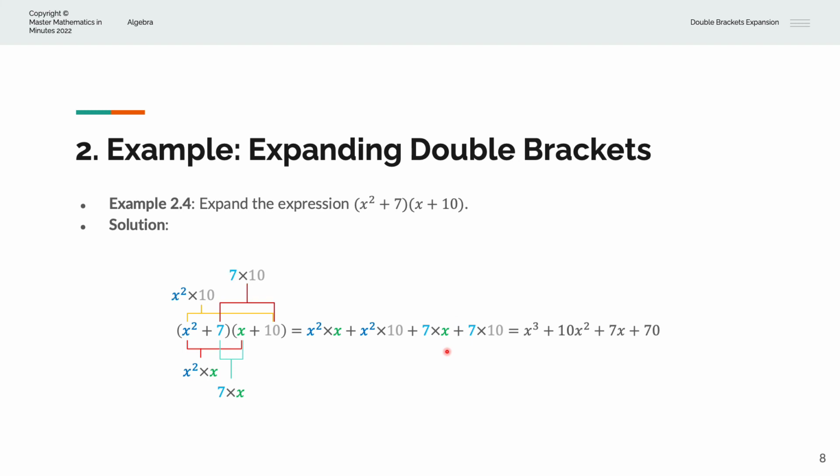And the fourth step is to multiply 7 by 10, and that gives us the final term. Simplifying that, we have x squared multiplied by x as x cubed, x squared multiplied by 10 as 10x squared, 7 multiplied by x as 7x, and 7 multiplied by 10 as 70.